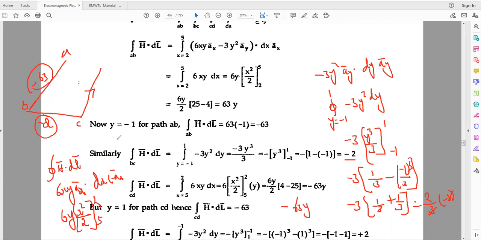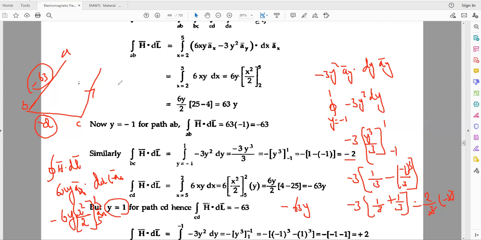So minus 63y, and the value now I'm taking is a positive value. Since it is minus ax bar, you can substitute y is equal to minus 1. Then it becomes 63. So at y is equal to 1 for the path CD, the integral of h bar dot dl bar is equal to minus 63. My dear students, it's 6 into y, and the y value is 1 here.